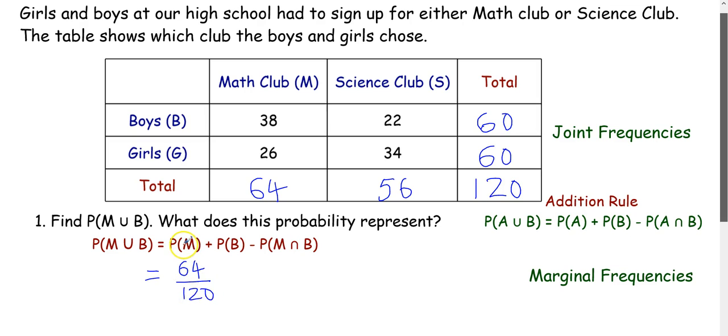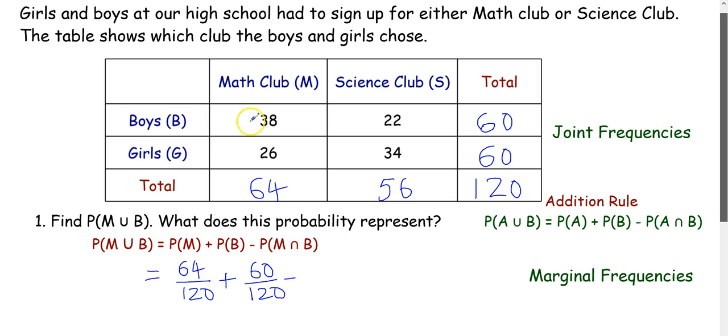That is P of M, plus the probability of finding a boy. Out of 120 students, you have 60 boys. So 60 out of 120, minus the probability of M and B, that is math and boys.